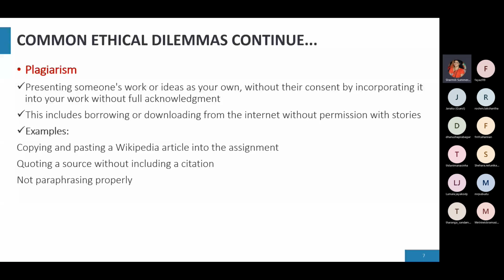Think about it: scientists or authors of articles spend a lot of money, a lot of energy, and their ideas, and they make a research article. But you are not putting in any effort or energy. You simply Google it, download it, and present it as your own article.